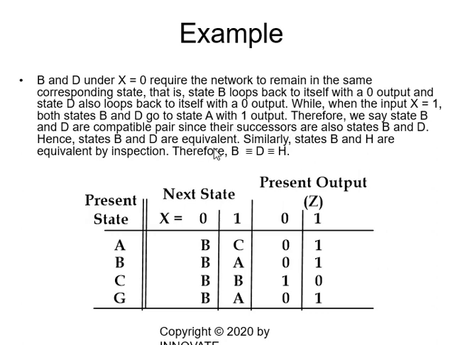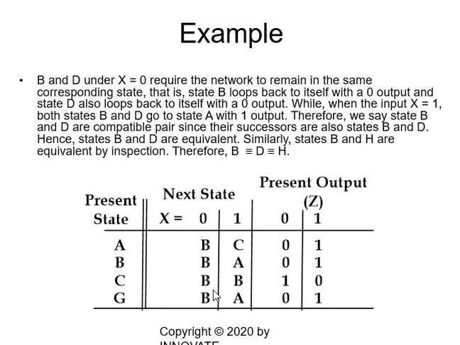Similarly, B and H are equivalent by inspection, because they are also compatible states. Therefore, B would be equivalent to D, would be equivalent to H. So I will remove D and H and will replace every D and H in the table with state B. So we came with A, B, C, and G.